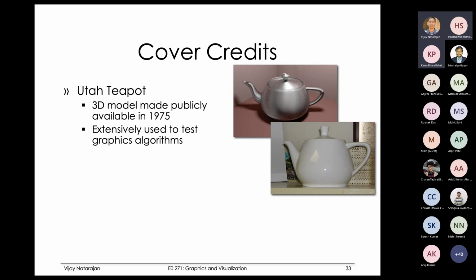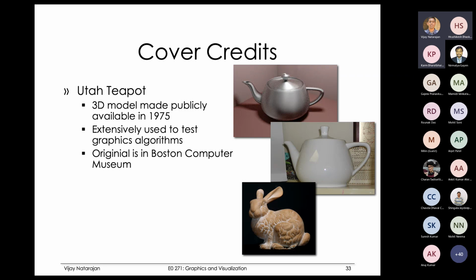Once he made that available, it was used extensively by different researchers to test their graphics algorithms. They now had a model to display and could test if their algorithms are able to render all the detailed geometry present in this teapot. So this was hand modeled really. And the original, if you are interested, is in the Boston Museum. That's the picture from the museum.